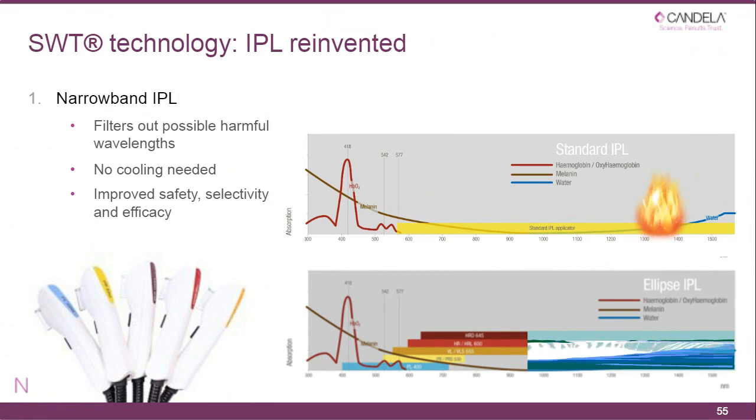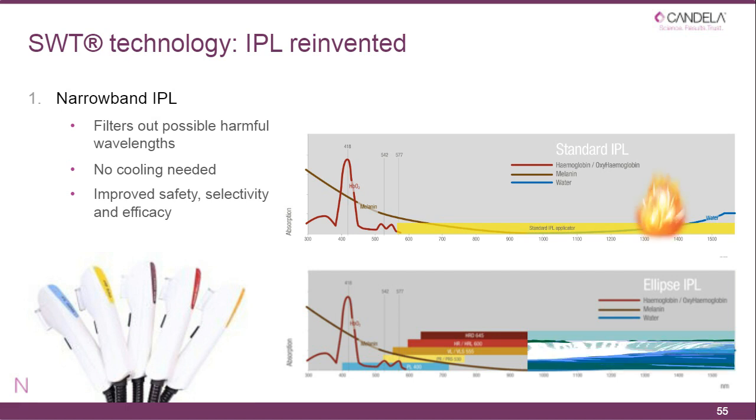I would like to start by focusing on the band that the IPL uses. We know that the IPL is a non-coherent light source, so more than a wavelength, we have a band of wavelengths. In the Nordlys system, the SWT technology filters out possibly harmful wavelengths, the near infrared and infrared part of the spectrum, which is basically just on the water curve.